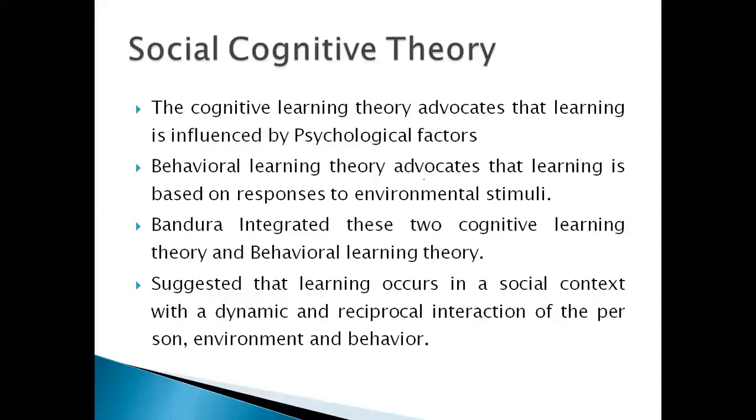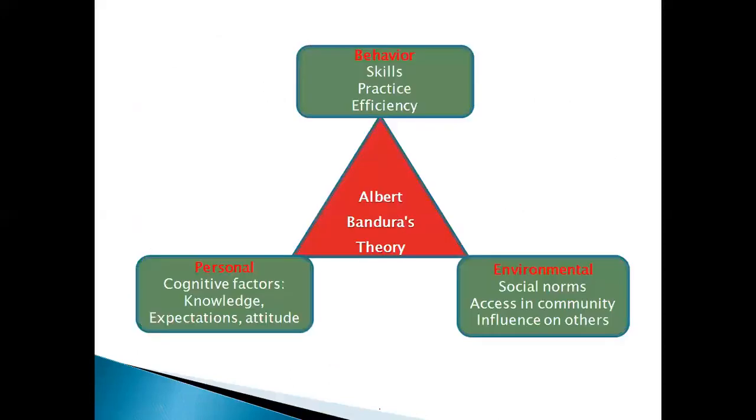In social cognitive theory, you can see three things: one is person, second is environment, third is behavior. These three elements contribute to learning. This is Albert Bandura's theory: behavior, environment, and personal. Personal factors are your level of knowledge, your experience, your expectation, your attitude, your personality, your perception level.